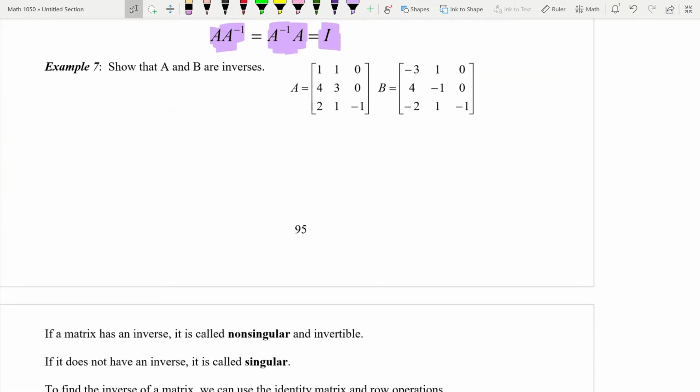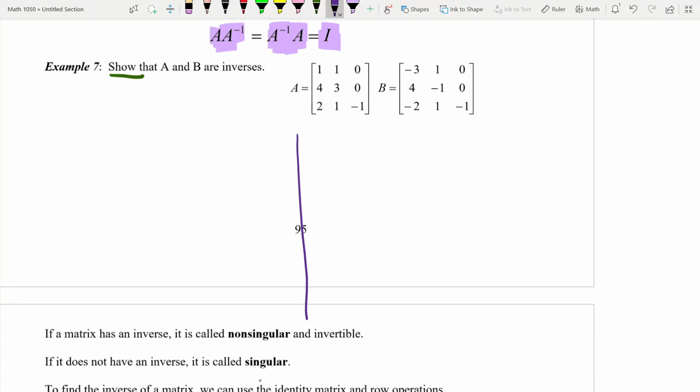So show that they're inverses. You guys, it says show. So if it says show, then I know it's going to work out. I know they're really inverses. So I want everybody to draw a line right there. Just cut that thing in half.